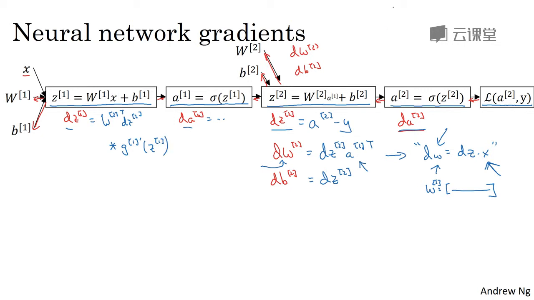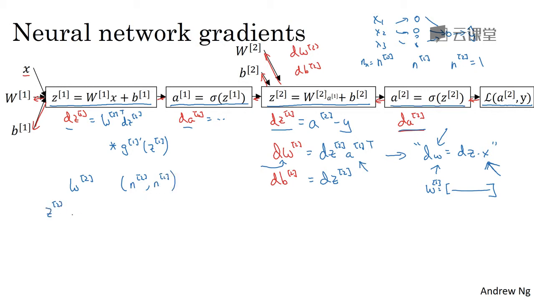And just to do a check on the dimensions, right? If you have a neural network that looks like this, that outputs y, with n0 input features in x, n1 hidden units, and n2, in our case just one output unit, then the matrix W2 is n2 by n1 dimensional, and z2, and therefore dz2, are going to be n2 by 1 dimensional.